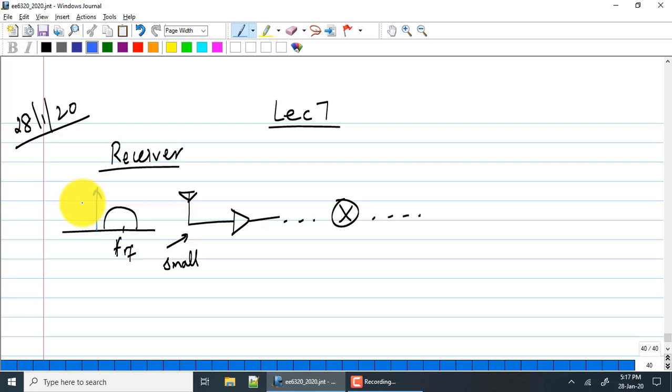The microwave oven power level is in hundreds, if not thousands of watts, if not kilowatts. There will be some 0.1% of that, 0.001% of that leaking out. It's very well shielded, but some small amount will be leaking out. That amount itself will be many orders of magnitude larger than the signal you are trying to receive.